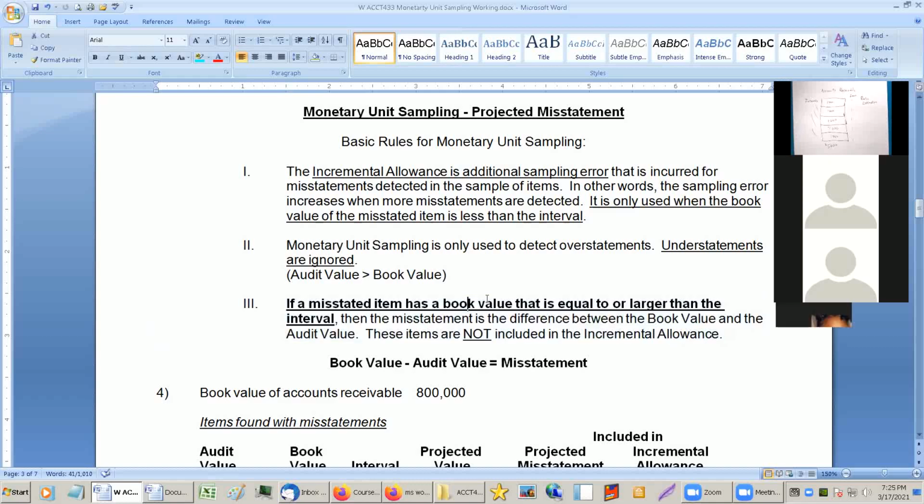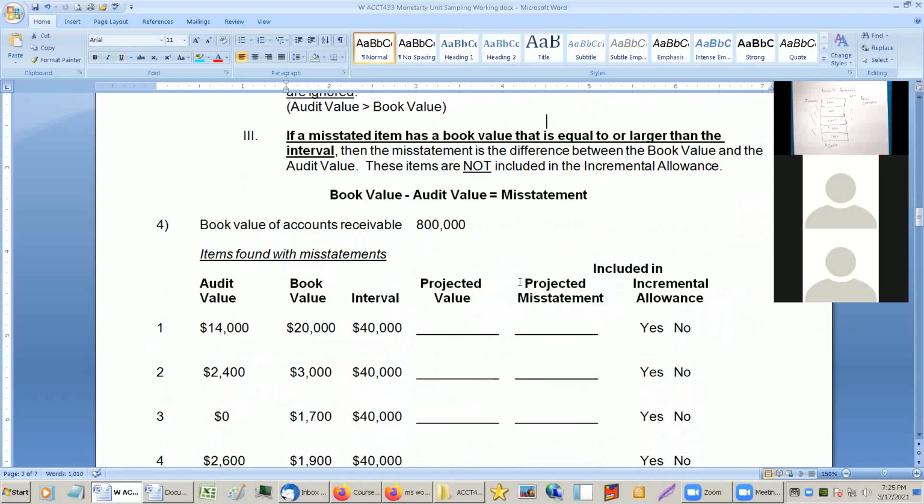If the book value is larger than the interval, it means that nothing more could go wrong in that interval. It covers the entire interval. So there won't be any incremental. And here, understatements are ignored. Okay. So let's see how this thing all works out.